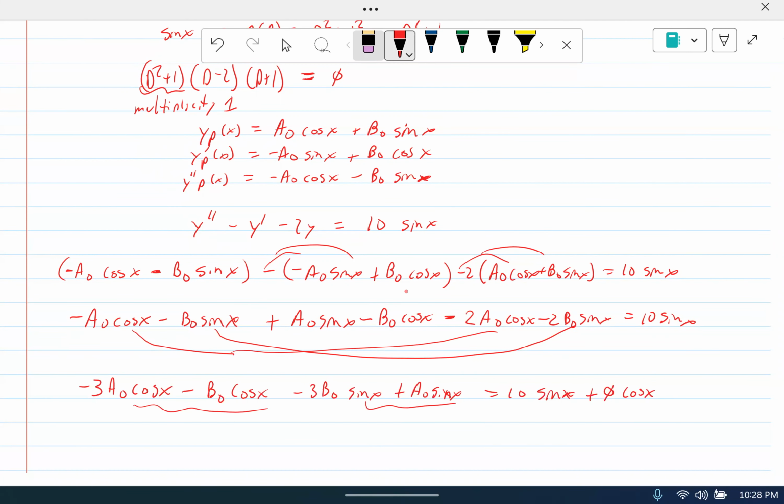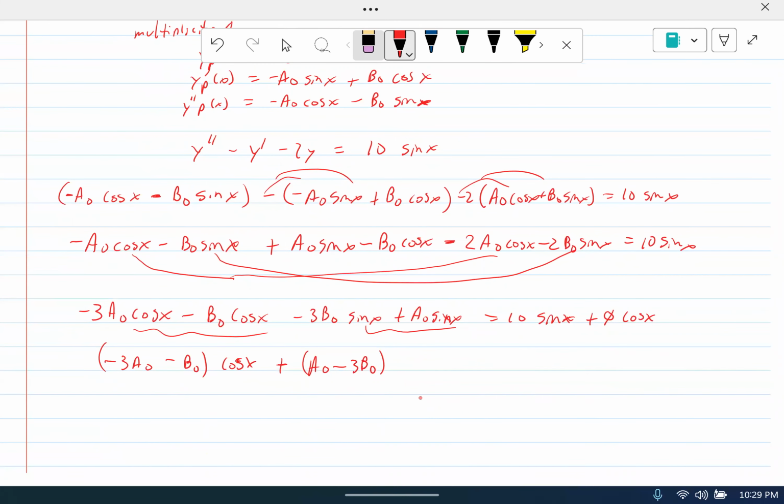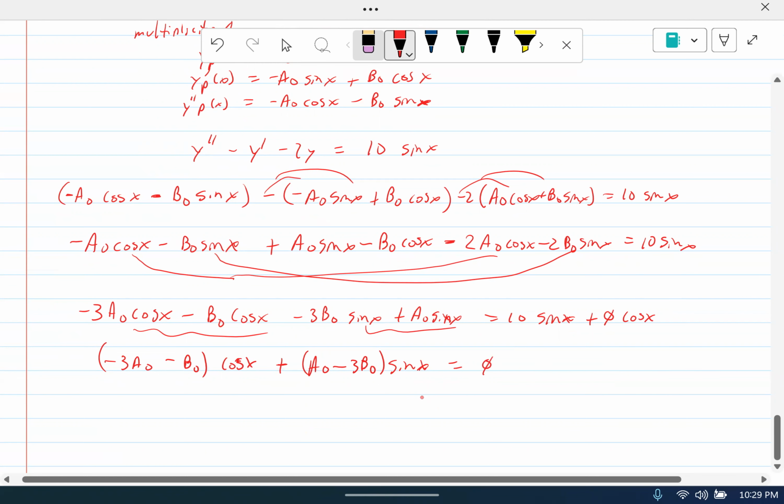What I end up with is negative 3 a naught minus b naught times cosine x, plus, factoring out the sine x but rearranging the terms, a naught minus 3 b naught times sine x, is equal to, rearranging these as well, 0 cosine x plus 10 sine x.